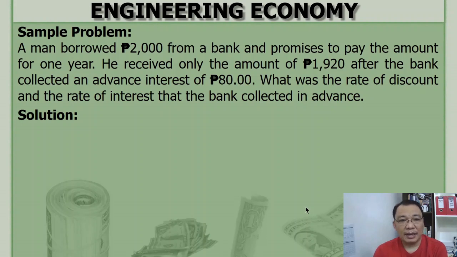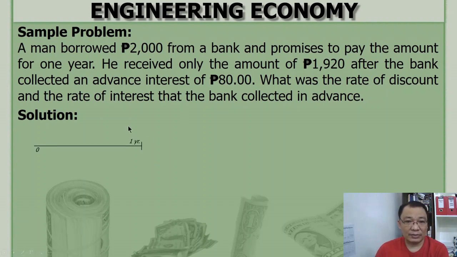Another one. A man borrowed 2,000 pesos from a bank and promises to pay the amount after 1 year. He received only the amount of 1,920 pesos after the bank collected an advance interest of 80 pesos. What was the rate of discount and the rate of interest that the bank collected in advance?